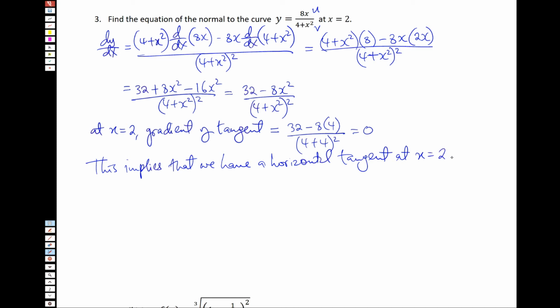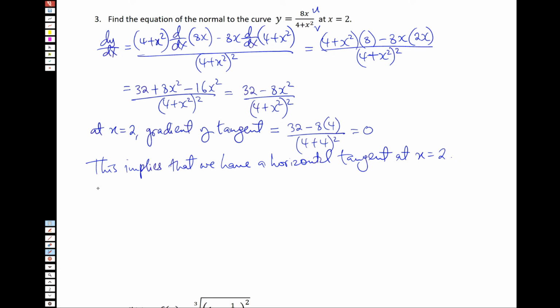So if we have a horizontal tangent at x equals 2, then that will mean that the normal will be a vertical line at x equals 2. But we know that on a Cartesian plane, a vertical line is a line in the form of x equals something. Because this is happening at x equals 2, the equation of the normal will be x equals 2.